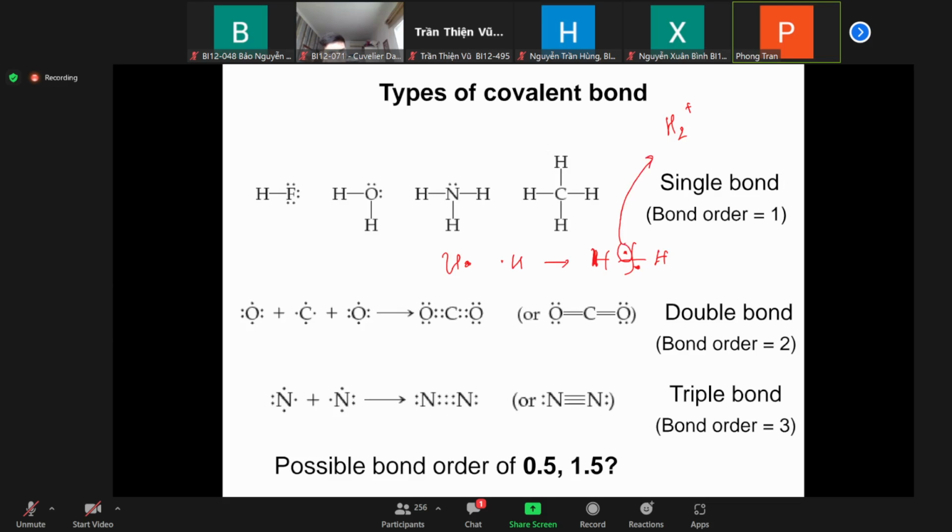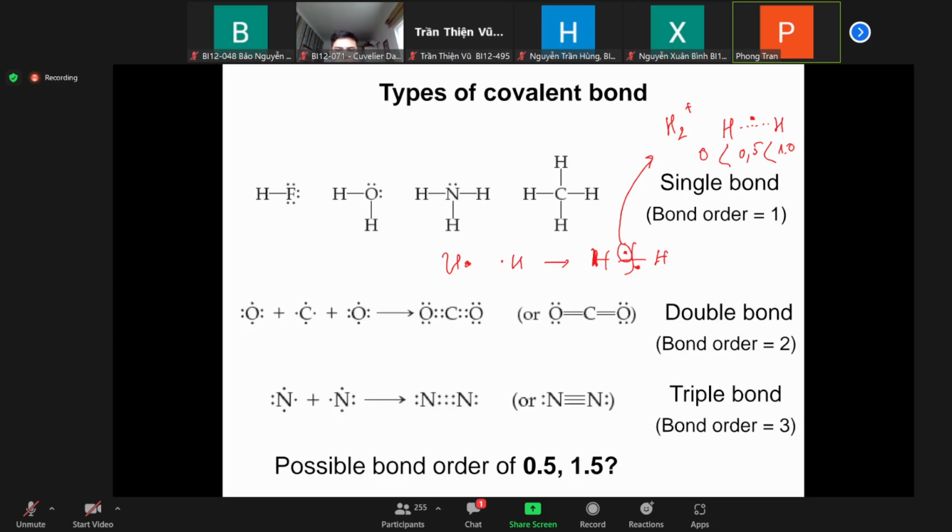So you will have H2 plus represented by this one. You still have one electron. So in this case, the bond order is, we can imagine, 0.5. It is larger than 0 and smaller than 1. Okay.